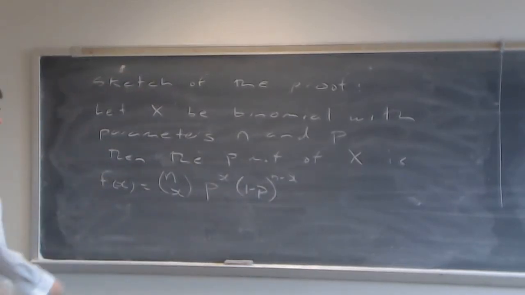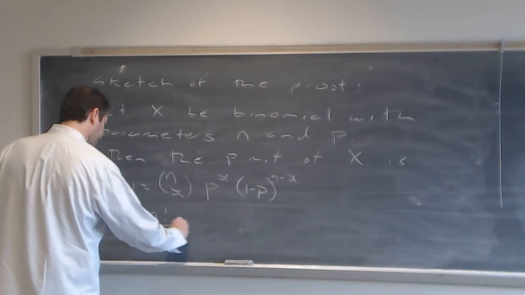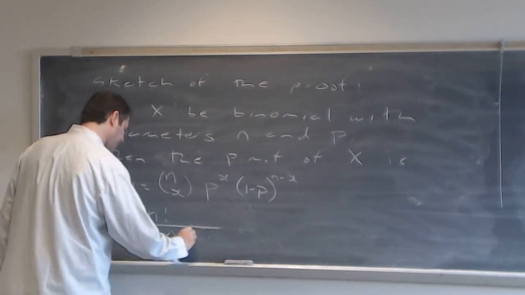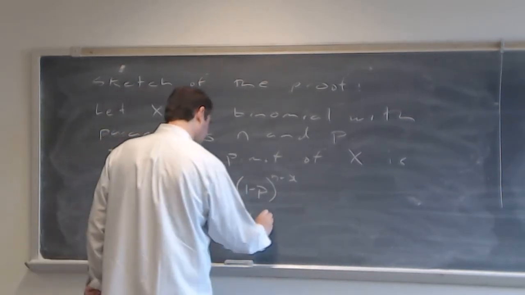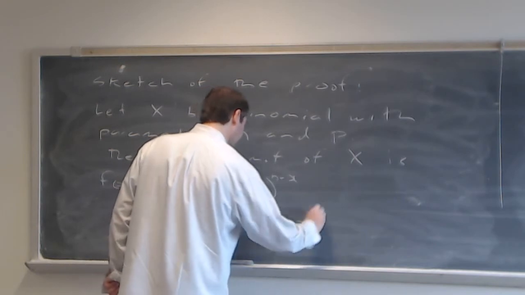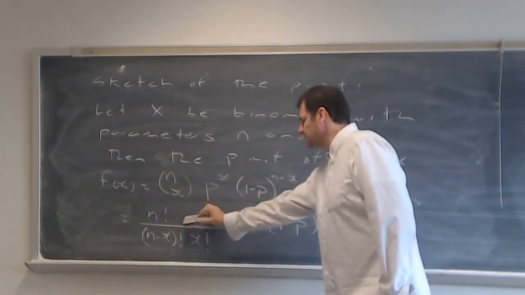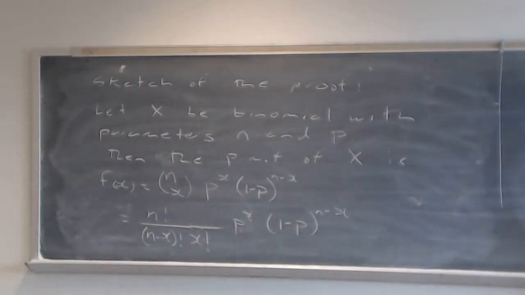Let's expand this a little bit, which equals n factorial over n minus x factorial over x factorial, here's p to the x, and then this is 1 minus p to the n minus x. Let's kind of work with this n factorial and n minus x factorial a little bit. Make a different representation, simplifying that fraction.